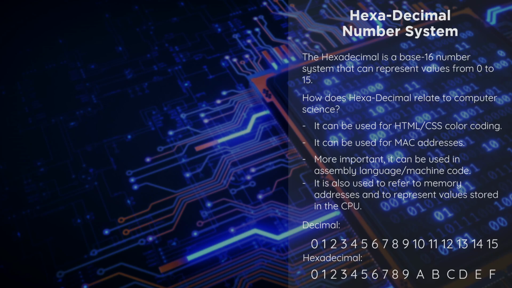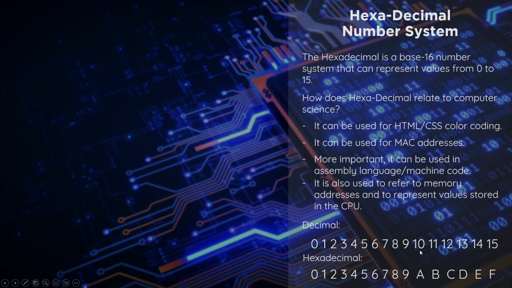As mentioned before, the hexadecimal number system is a base 16 number system. It can represent value from 0 to 15. So you can see down at the bottom, we have these values here, which is 0 to 15 in decimal. The hexadecimal equivalent is listed down below. 0 is 0, 1 is 1, 2 is 2, 3 is 3, 4 is 4 until up to 9.